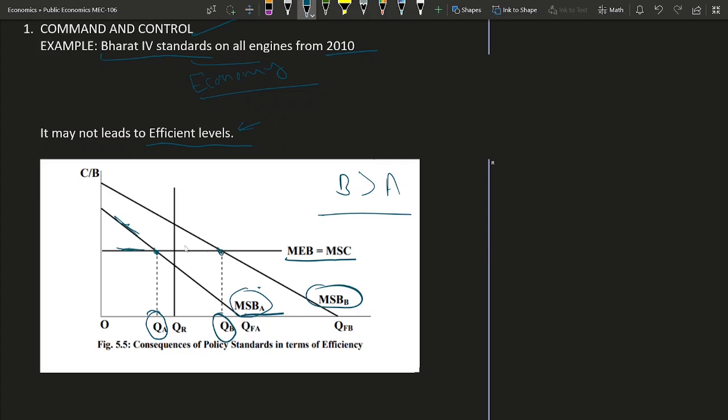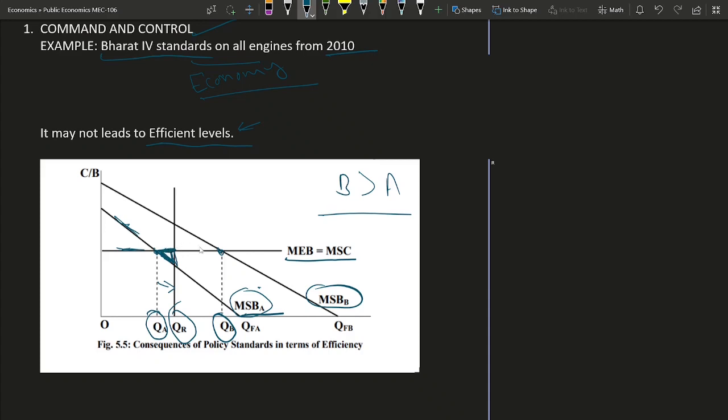Suppose the government puts some restriction of quantity QR. No firm can produce more than QR quantity. Now in this case, firm A will produce more than its efficient quantity, and this is the area where the benefits of production from firm A are less than the cost. So this is the welfare loss to the society in the case of firm A.